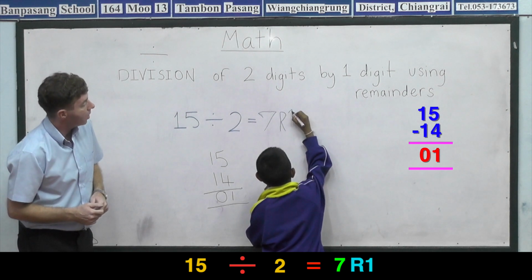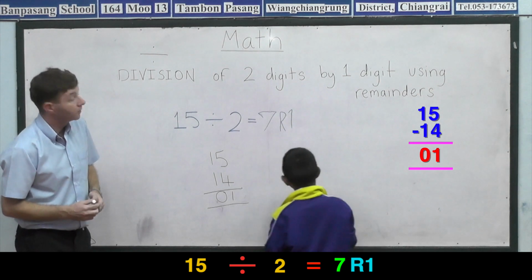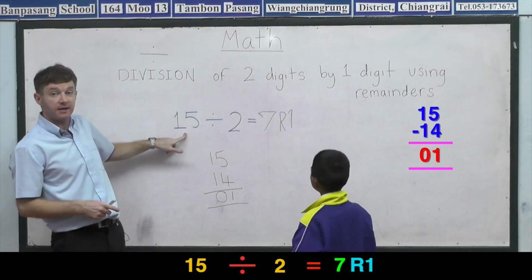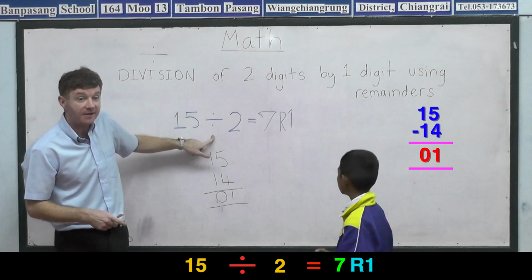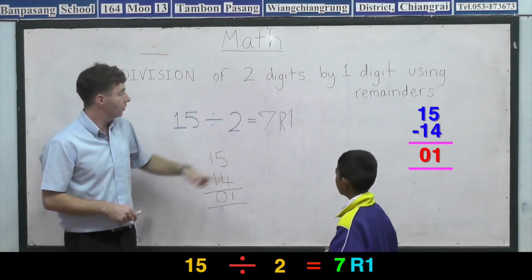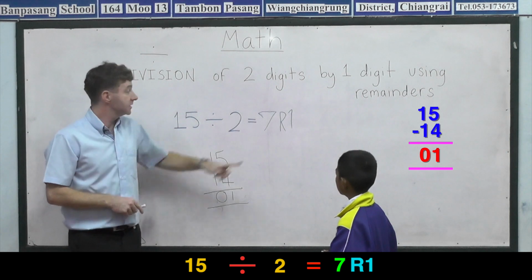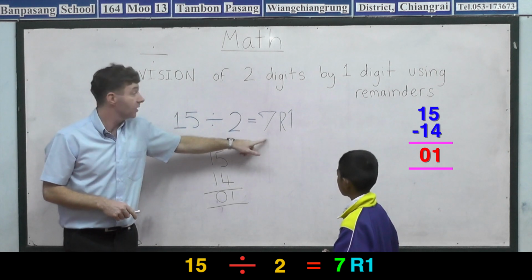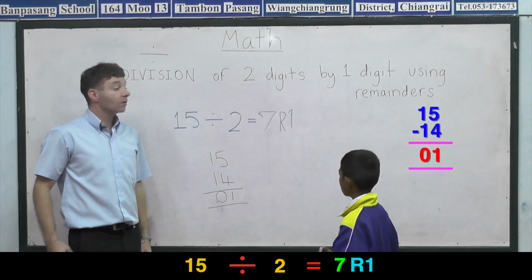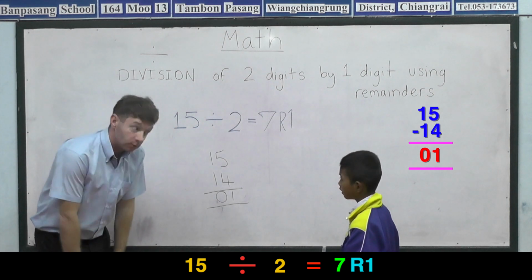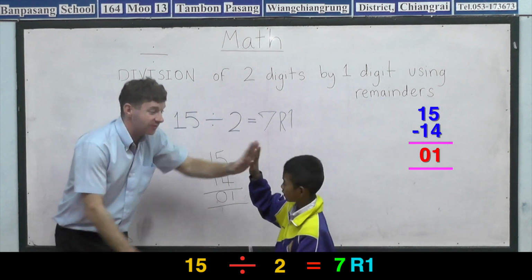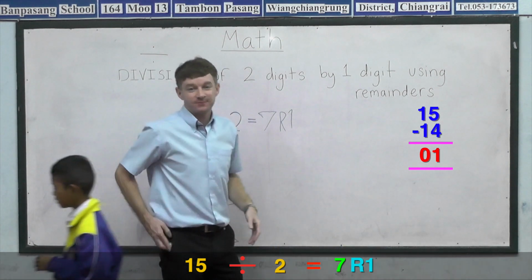So, altogether, our answer is 15 divided by 2 equals 7, remainder 1. Is that right, Pat? Yeah. Are you sure? Yeah. Really sure? Yeah. Excellent. High five. Round of applause for Pat.